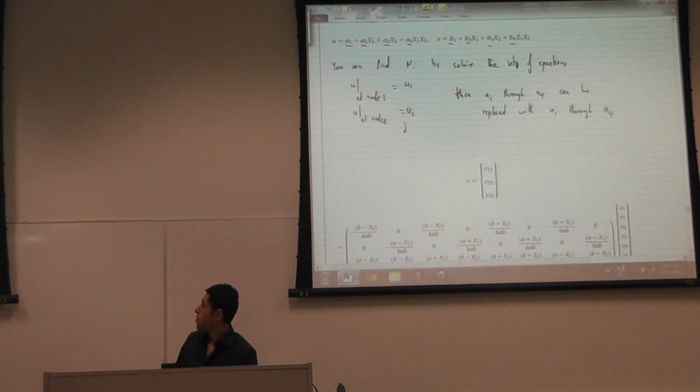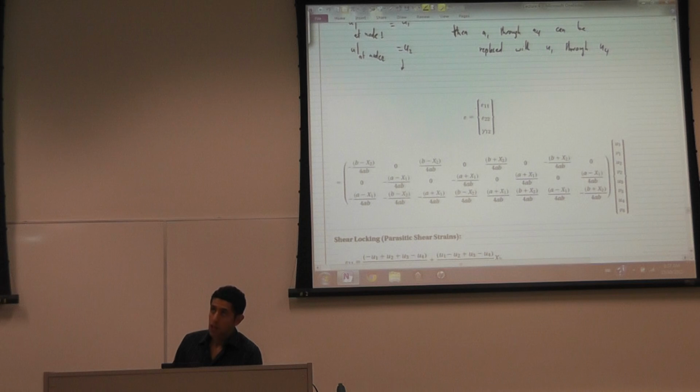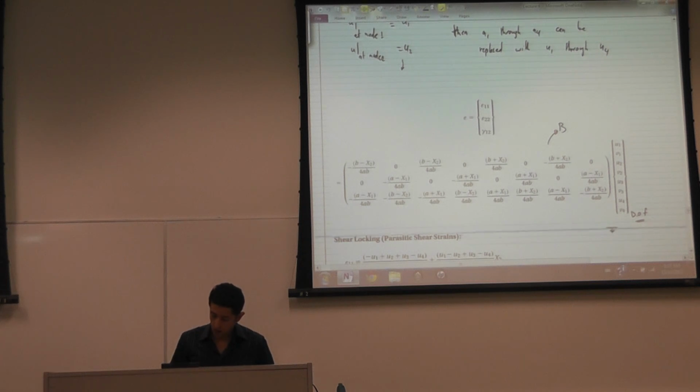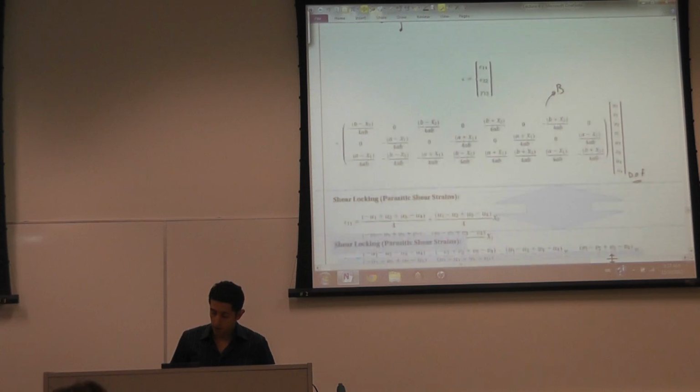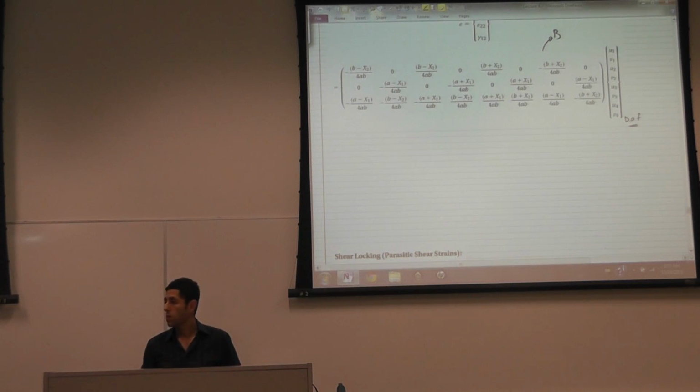So now let's look at the behavior of this element. The strain, epsilon 1, epsilon 2, gamma 12, is equal to a matrix B, obtained by the differentiation of the shape functions with respect to the coordinates, multiplied by the degrees of freedom vector. Now this element is perhaps used in most applications, but it has a problem under bending.